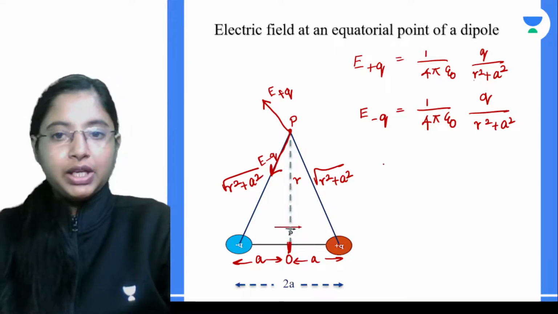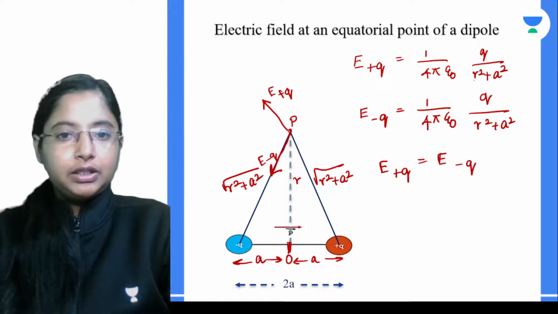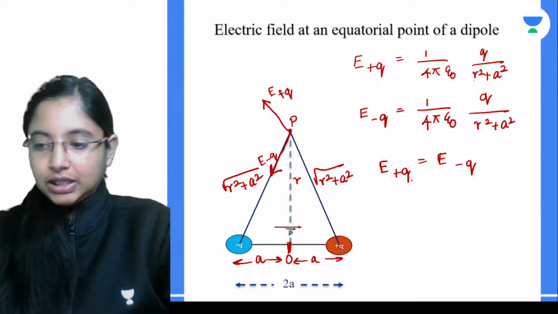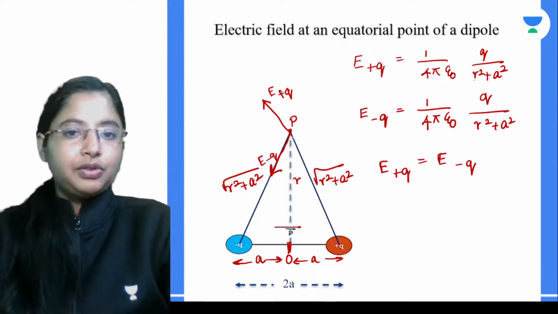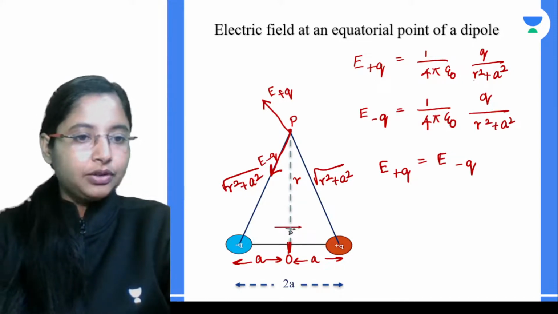So what we are seeing is that the magnitudes of the electric field at this point because of the positive and negative charges are the same. But they are at an angle, so we have to resolve these two vectors. It's a vector, right? So let's try to resolve these vectors.